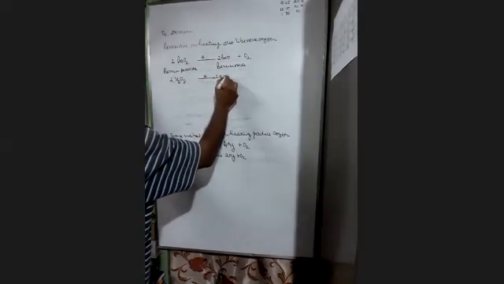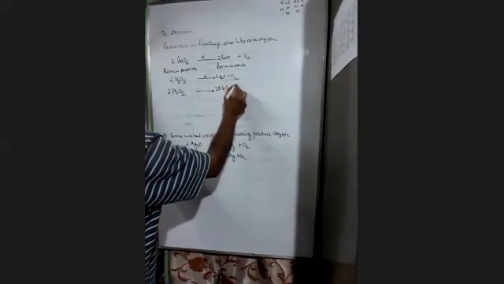Hydrogen peroxide. So if you heat it, you get water and oxygen. This one you know, I need not write. Okay. PbO2, called lead dioxide or lead peroxide. Same equation. If you heat it, you get PbO plus O2.